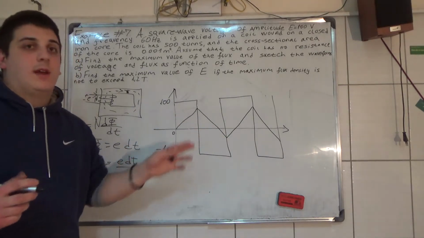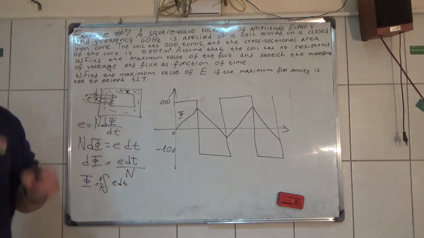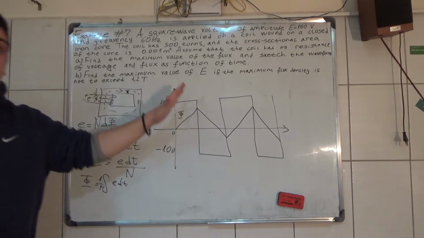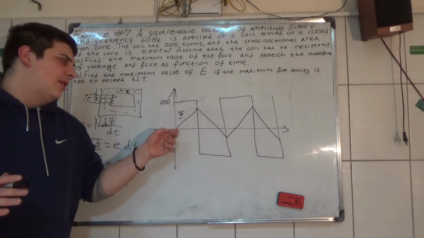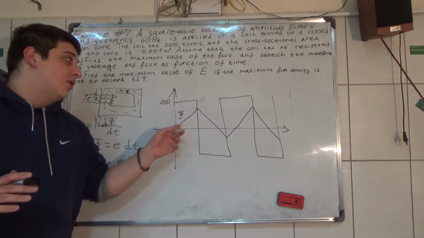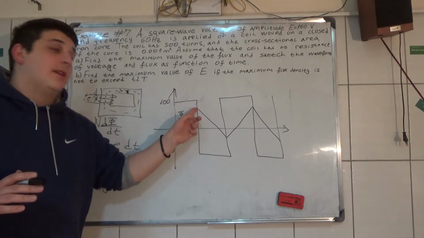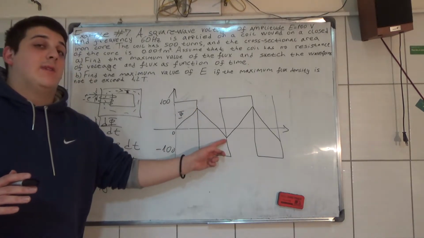At point 0 here, it had a value of 0, and it goes here to flux max value, and here it has minus flux max.